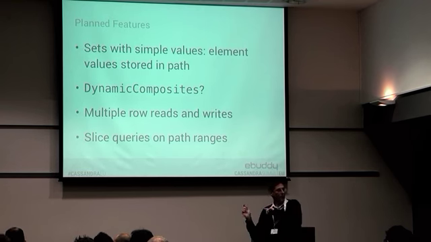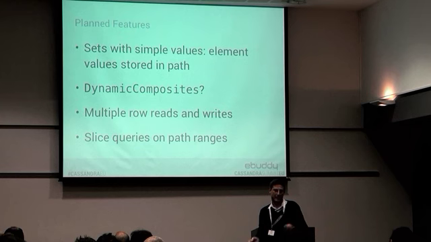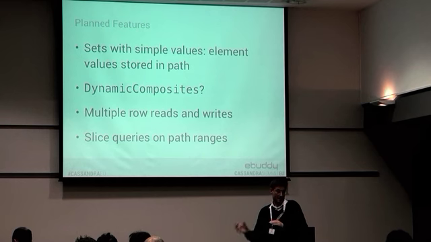So what I'd like to do with sets of simple values is to be able to put those simple values into the column names, into the key part, and then that way you can do set operations, do contains, access elements of that set individually.